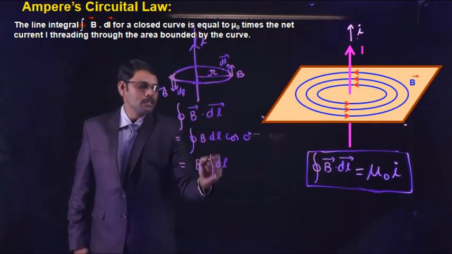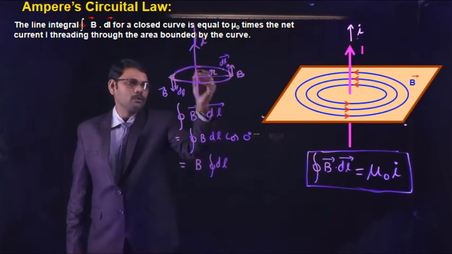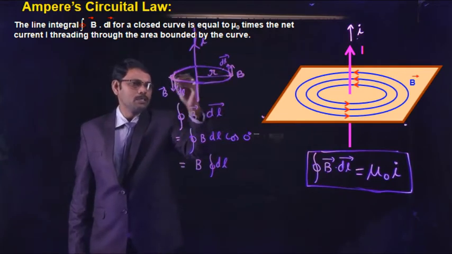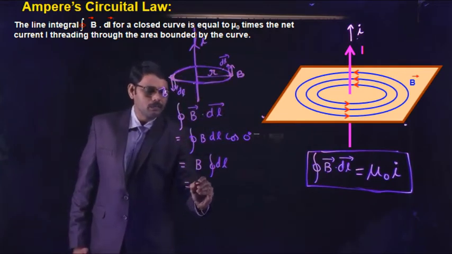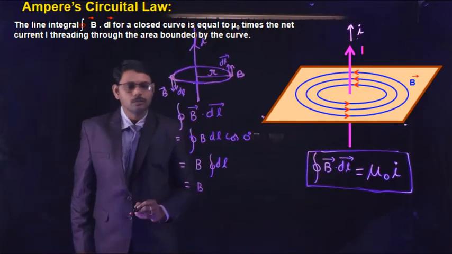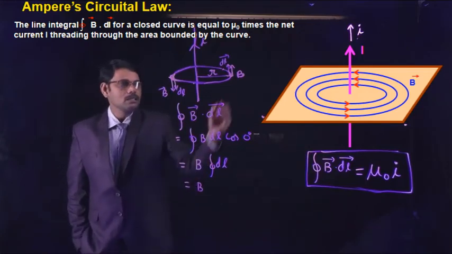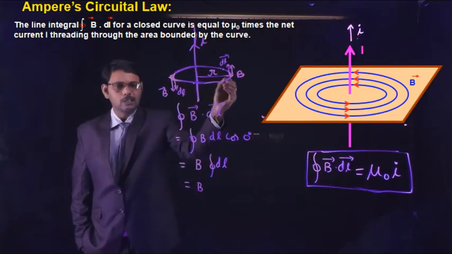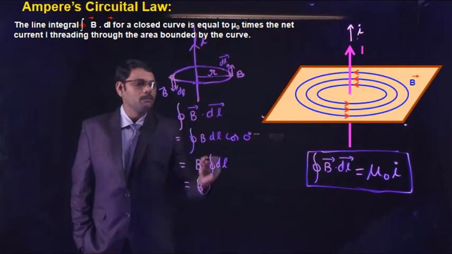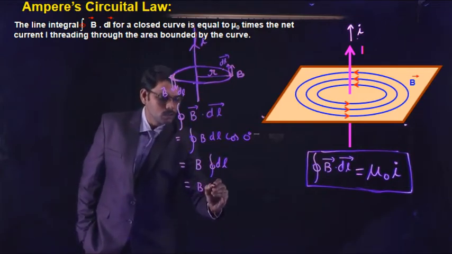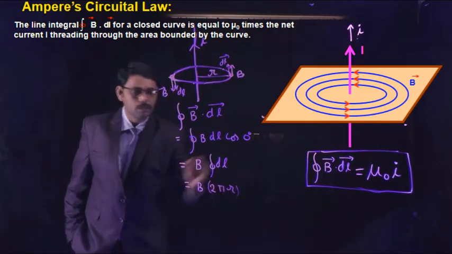The closed integral of dl around the loop is equal to the perimeter of the circle, that is the length of the loop. Perimeter of the circle is equal to 2 pi r, so we get B into 2 pi r.